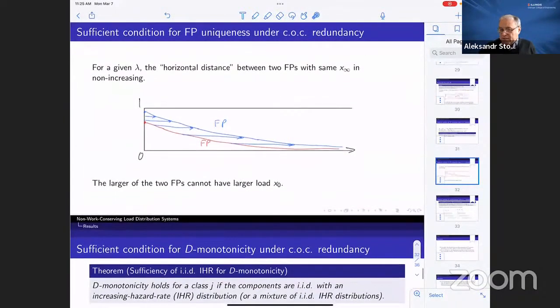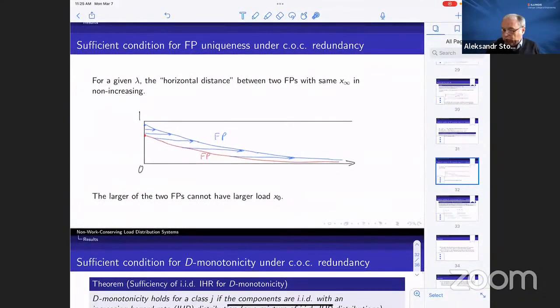And basically, this is the proof. We can show that if you have, for example, two fixed points, and uniqueness does not hold, and they are both proper, they converge to zero, right? If you go down here and look at the difference of inverses, it would have to be increasing as you go down, and then you get a contradiction.